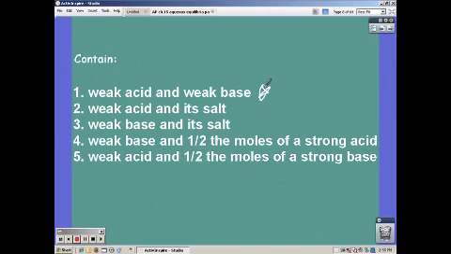The most important is you have to have a weak acid and weak base. So 4 ways that you can get that is if you have a weak acid and its salt, because its salt would be basic, weak base and its salt, weak base and half the moles of a strong acid, or weak acid and half the moles of the strong base.